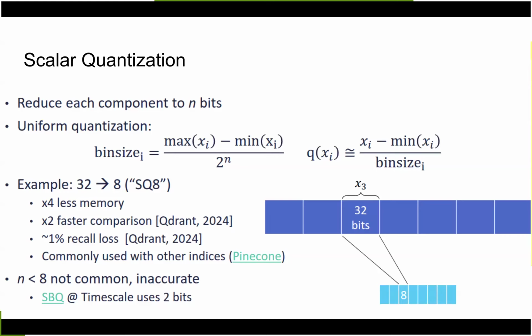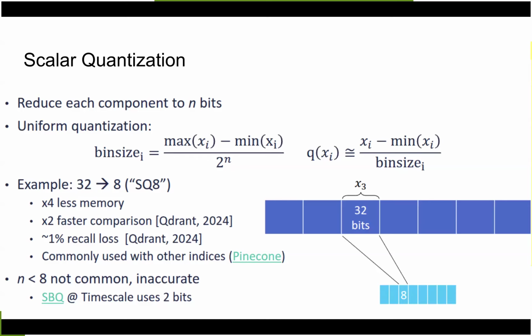And we also have another attribute, the bin size. So we basically map each 32-bit to 8-bit. So you can assume that your search space is getting smaller 4 times. So it's nice, 4x less memory.